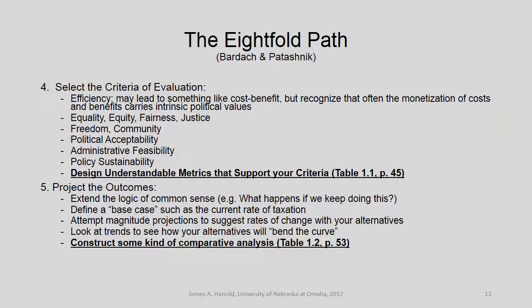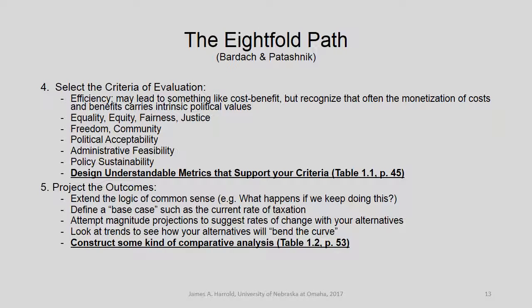You might, for your city that is building a splash pad or a swimming pool, say, okay, here's our cost and benefit of this splash pad versus the swimming pool, but you might also want to extend out your current rate of taxation. Here's what happens if our current taxation base stays the same and the rate stays the same.